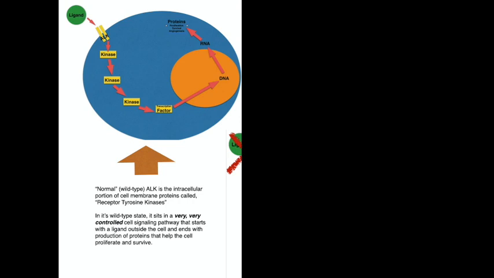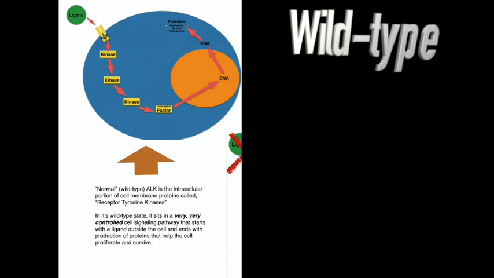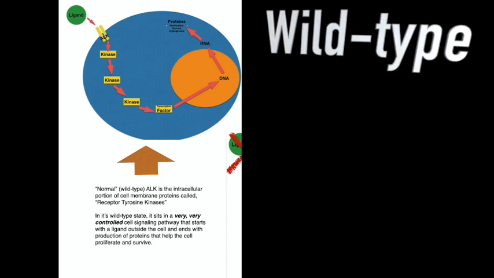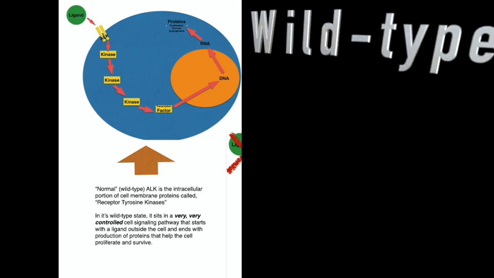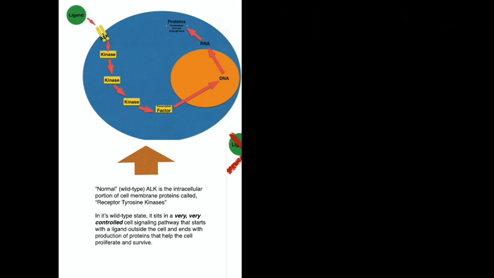By the way, whenever geneticists refer to a normal gene and protein product, you'll hear the term wild type. So, this picture here just presents a normal or wild type ALK gene and protein and how it sits in kind of that intracellular portion of the cell membrane.